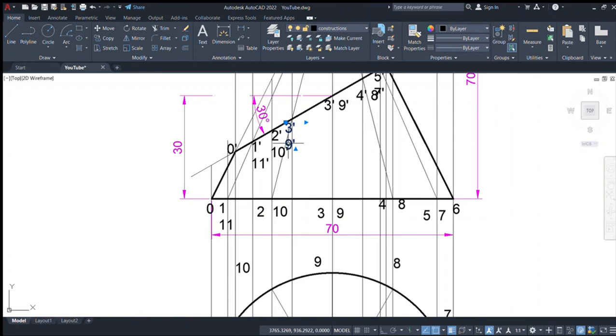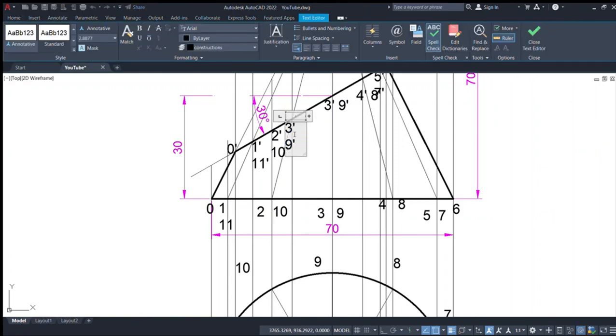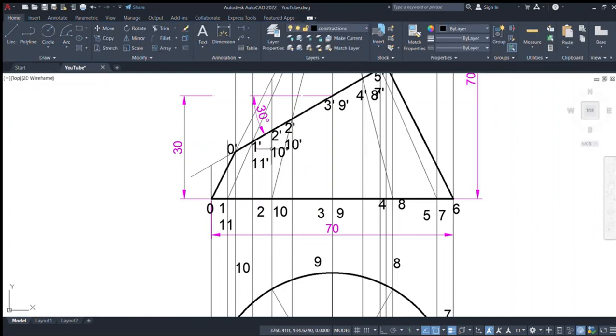I think there was a mistake here. This is 2, 10. So I will remove this one, and also remove this line.